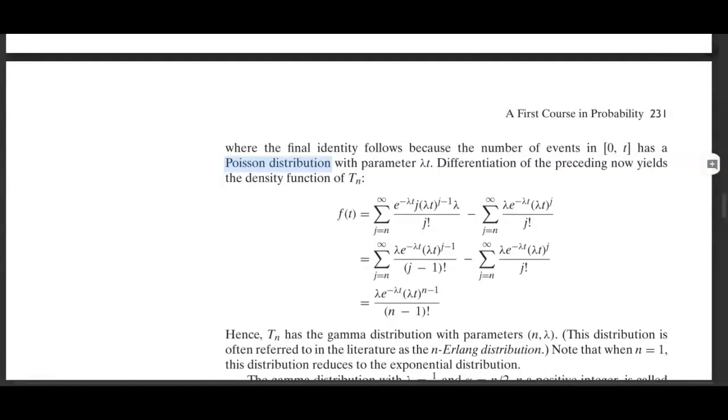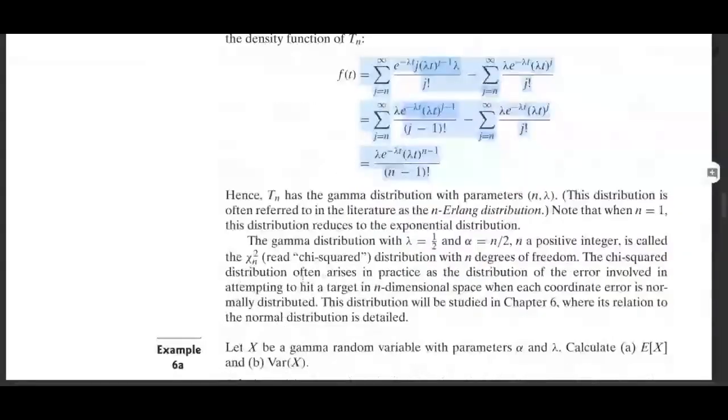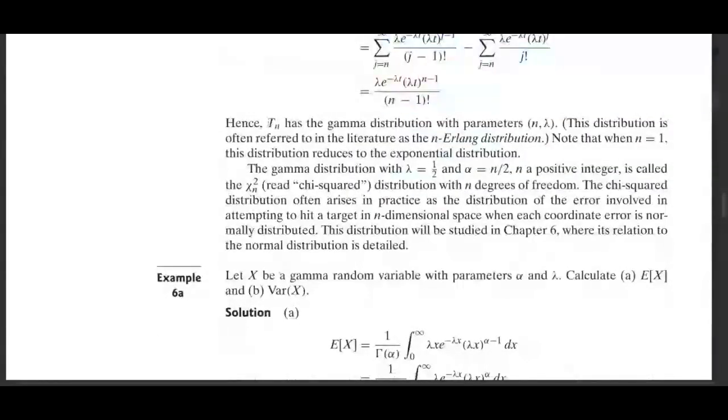Differentiation of the preceding yields the density function of Tn. We don't need to go over that, but we need to know this. Hence, Tn has a gamma distribution with parameters n and lambda. This distribution is often referred to in the literature as the n-Erlang distribution.